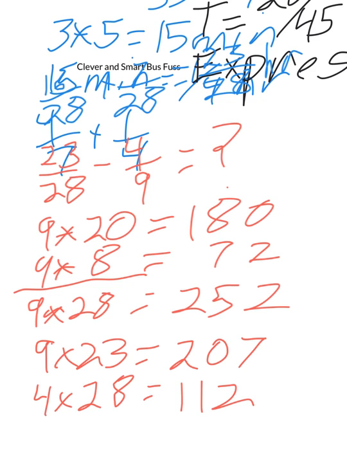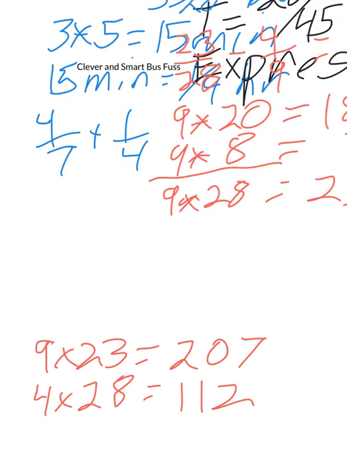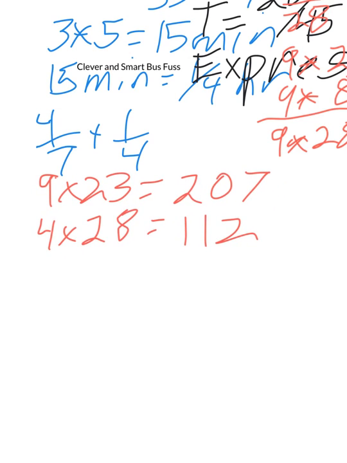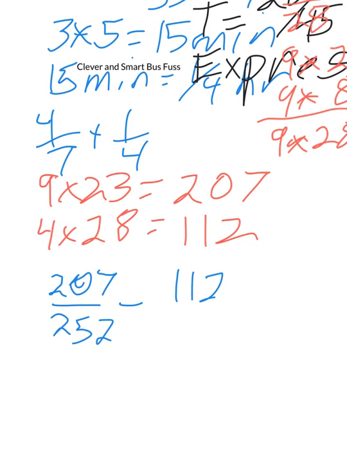So let me move this stuff out of the way. Move that up there, that off to the side. And let's switch pens again. And so what I have now is 207/252nds minus 112/252nds.